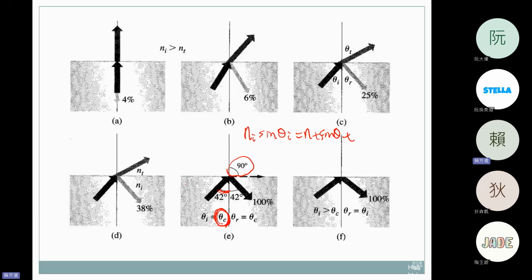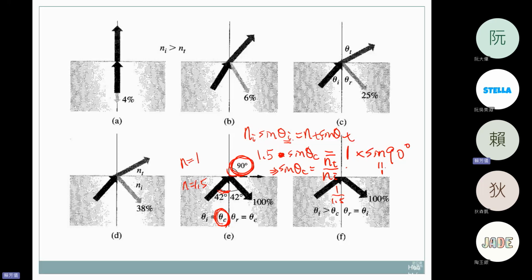If this is glass with n equal to 1.5, and this is air with n equal to 1, then Ni is 1.5, Nt is 1, and sine of the transmission angle, sine 90, is also 1. So sine theta c equals Nt divided by Ni, which is 1 divided by 1.5.